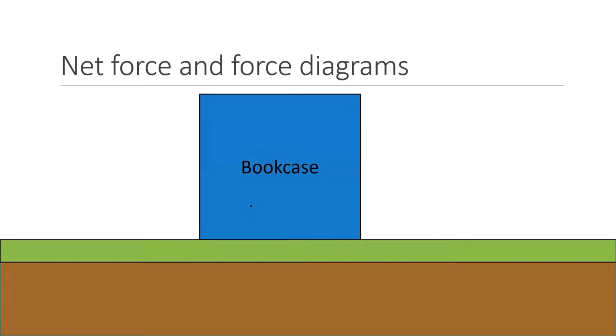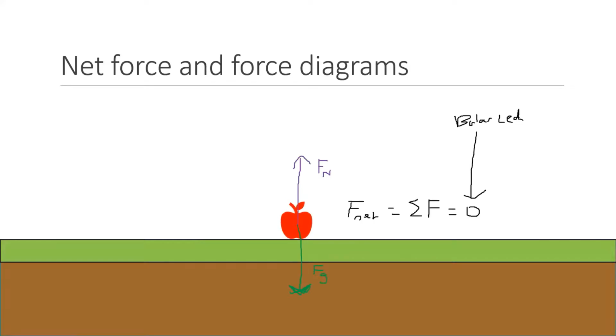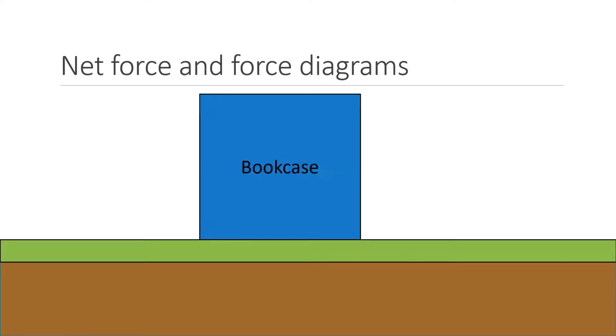What we're going to do with this bookcase is we're going to move the bookcase. If we try and move this bookcase, we're going to have the same forces that we had before. We've got a force downwards, which is going to be gravitational. We've got a force upwards, which is going to be the normal force.